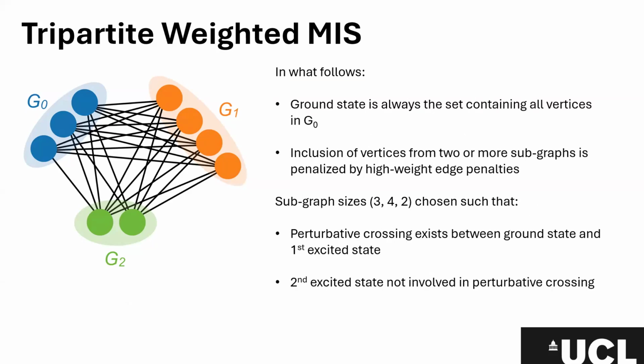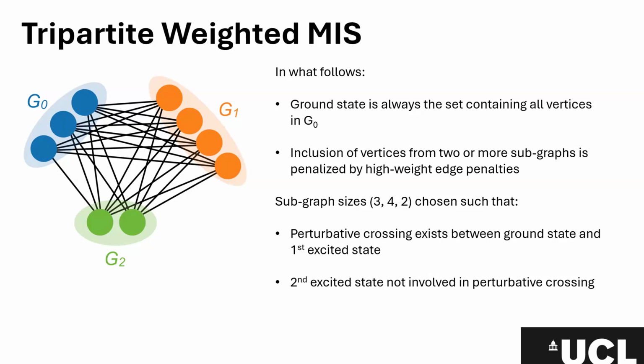So some technical details of what I'm going to say next. The ground state is always going to be the set containing all vertices in this blue set G0. And we penalize including vertices from 2 or more subgraphs in your candidate independent set just by putting very high weight edge penalties on all the edges.